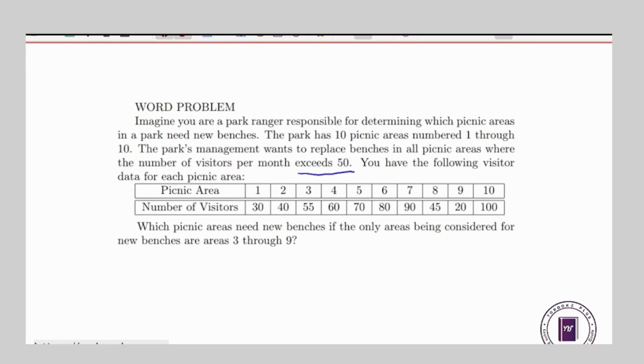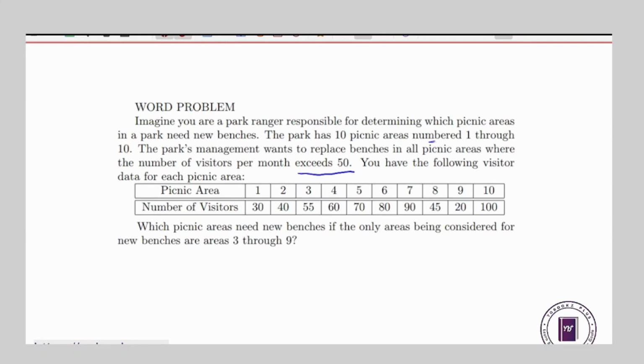You should take note of this. You have the following visitor data for each picnic area. So we have the picnic areas 1 to 10, and the number of visitors of each of these picnic areas has been given.